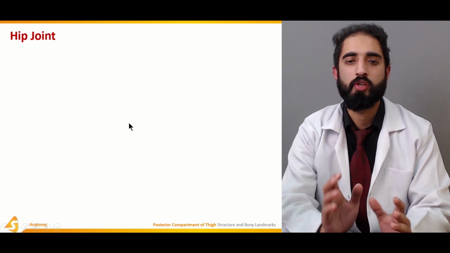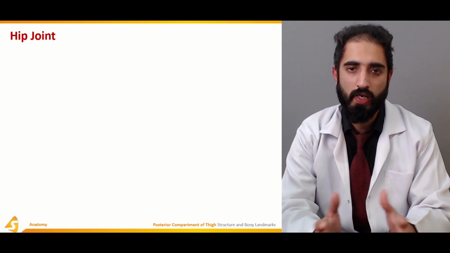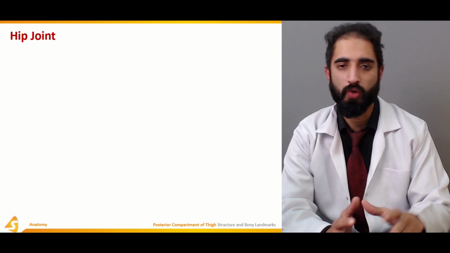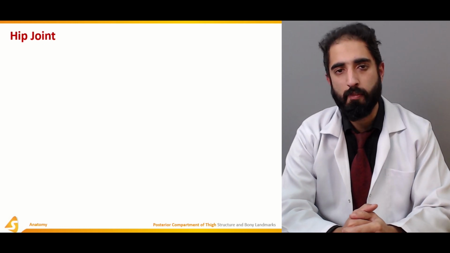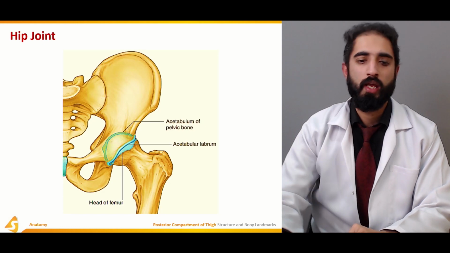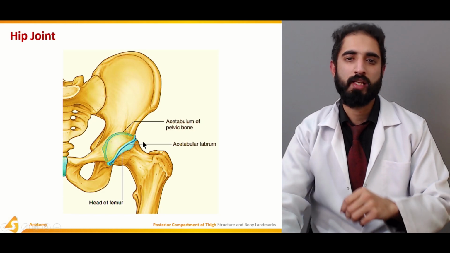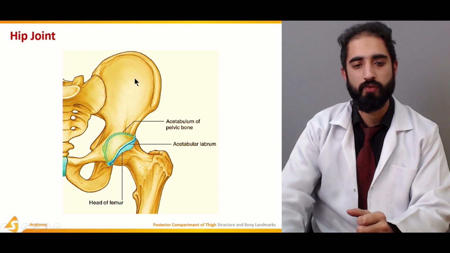Now, as we already mentioned, the posterior thigh is the region located between the hip and the knee joints. So in order to understand the hip joint, let's recall the basic anatomy of the structures here.